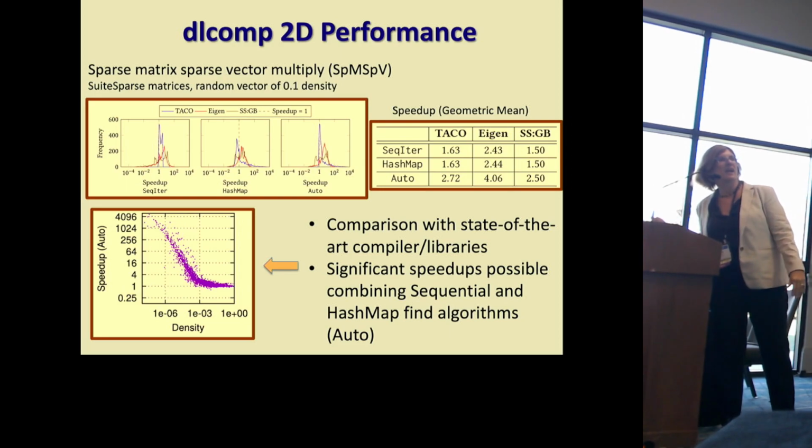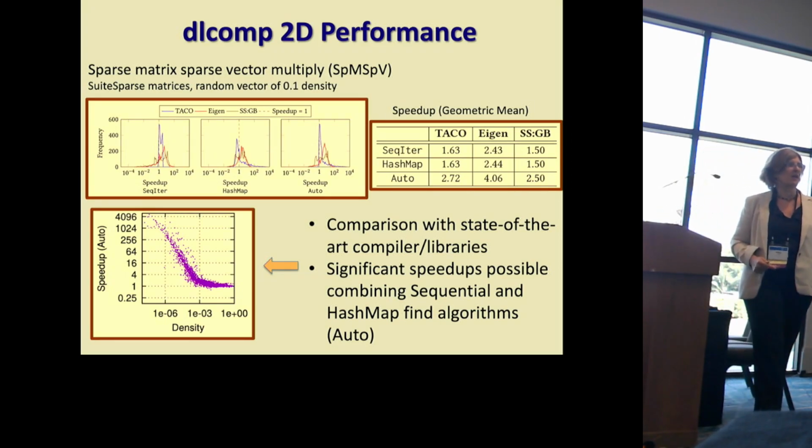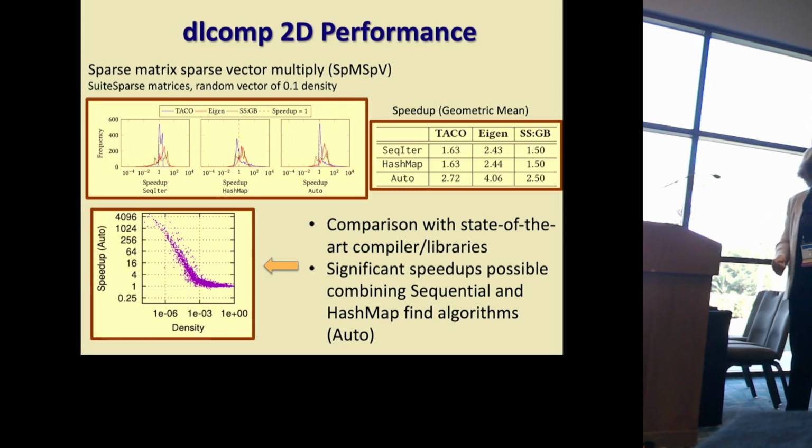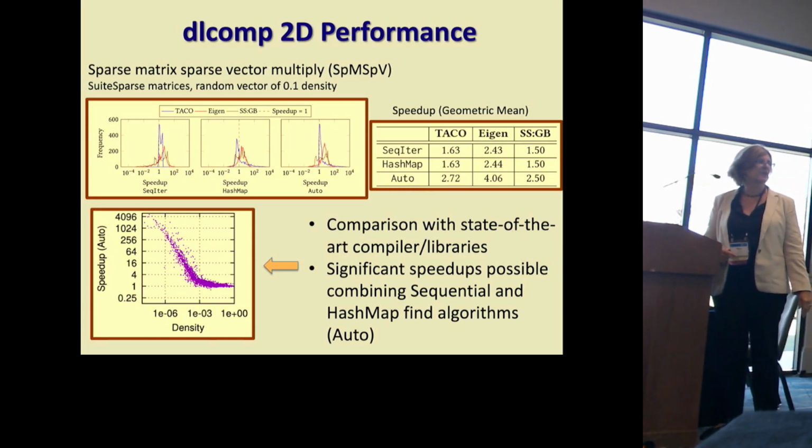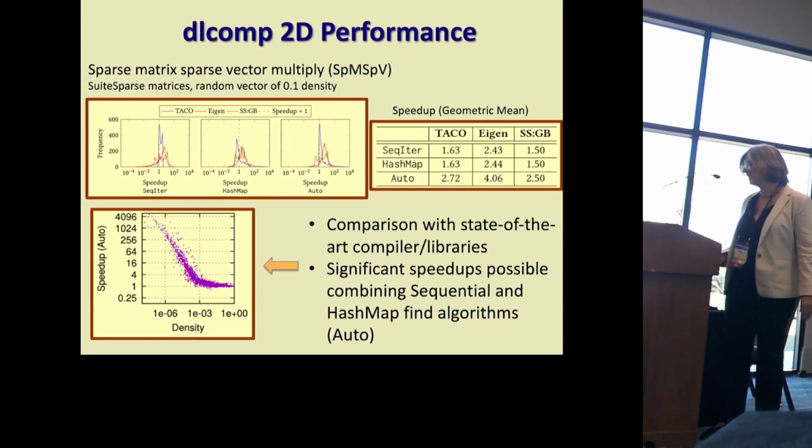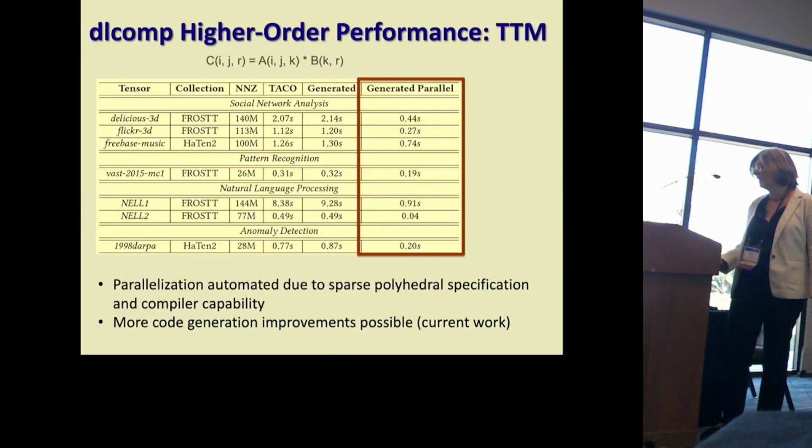We're particularly getting a high speedup over Eigen. And this is an example comparing against Taco, and it's for things that are very sparse, and that's when the speedups get significant. And then we also have results on a higher order tensor, and now the performance is comparable, sometimes a little slower than Taco, but then we show that we can parallelize it in the compiler.